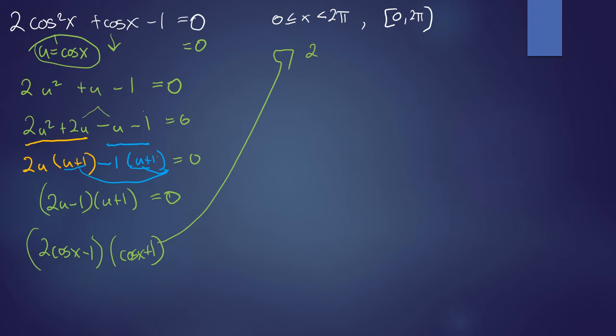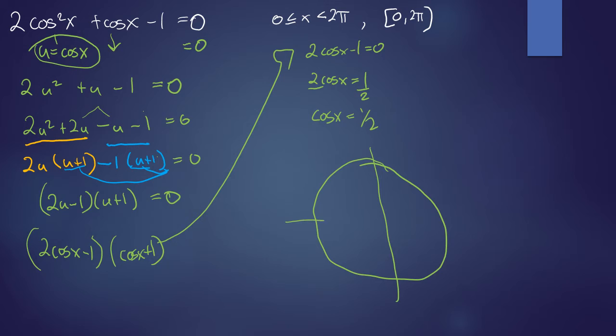If we take 2 cosine x minus 1 and set that equal to 0, if we add 1 to each side, we get 2 cosine of x equals 1. We divide by 2 and we get cosine x equals 1/2. Now if we look at our unit circle, where is our cosine 1/2?